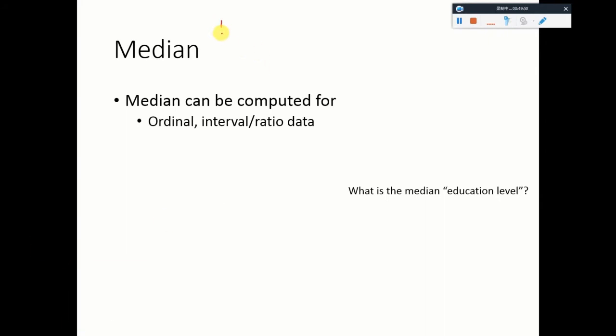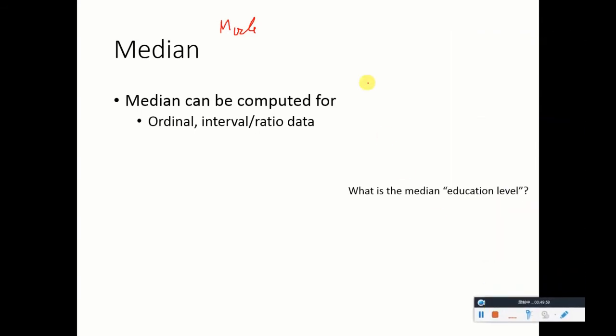So we said that mode is our first central tendency statistic, and mode can be used to describe nominal data, ordinal data, interval data, and ratio data.